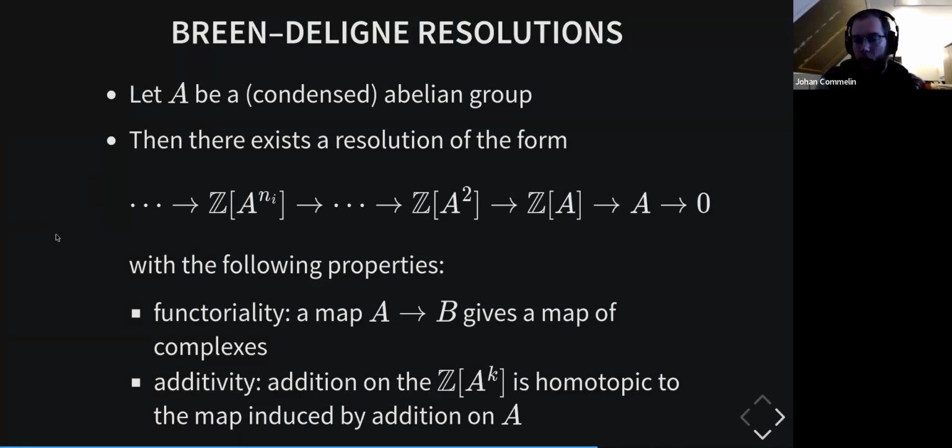And so when I started the formalization project, I wasn't very excited about the idea of formalizing that existence proof and all the homotopy theory that you would need to get that proof. So I was thinking, I will just write down the statement that such a resolution exists with these properties, because these are the properties that we need.